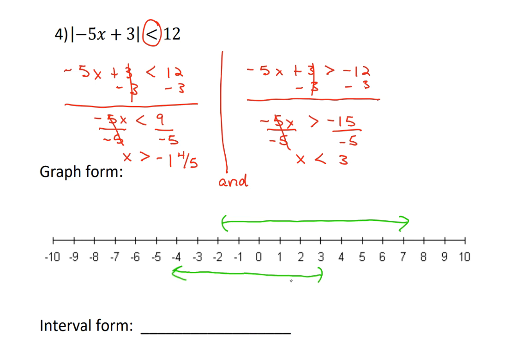Okay, so the part that's going to be on my graph is the part that overlaps. Well, it starts overlapping at negative 1 4/5, and I would use the symbol of the line that ends there. So I'm going to use the parenthesis, and negative 1 4/5 is probably a little closer to 2 than that.